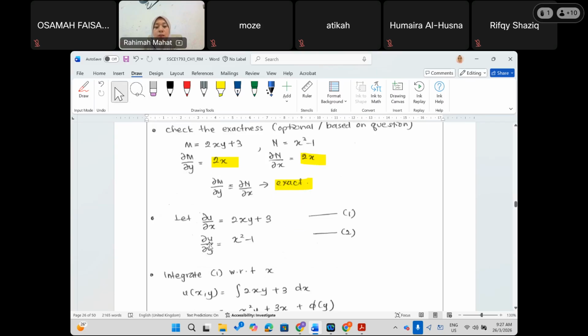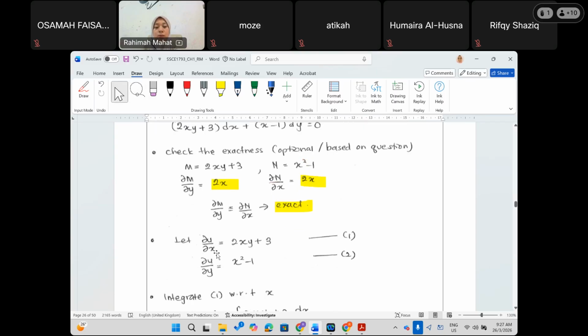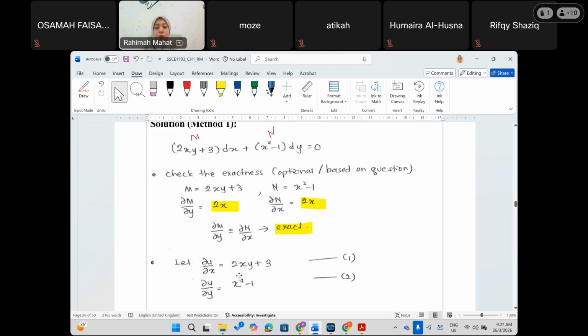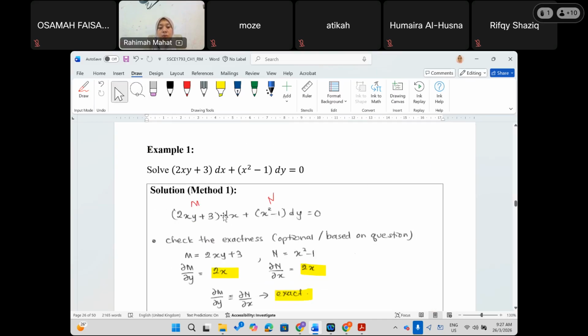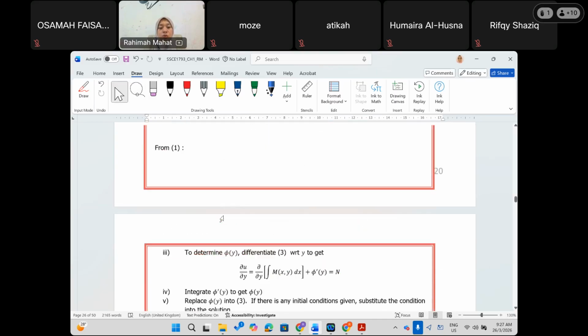So, you can get the ∂u/∂x. This is method 1, right? Method 1.